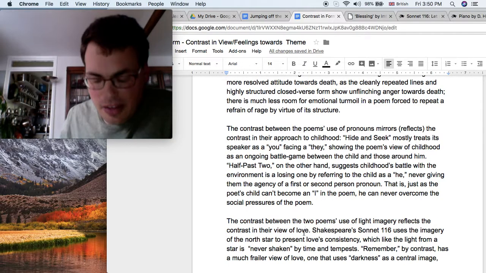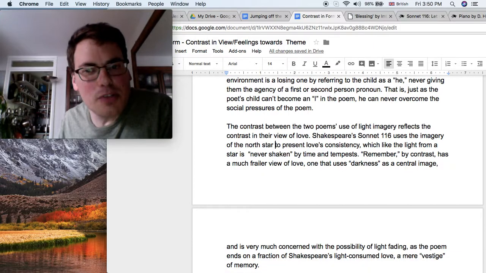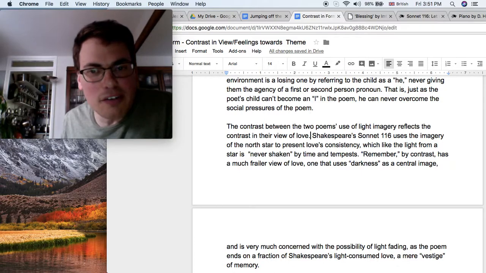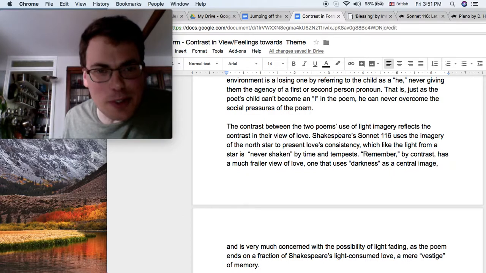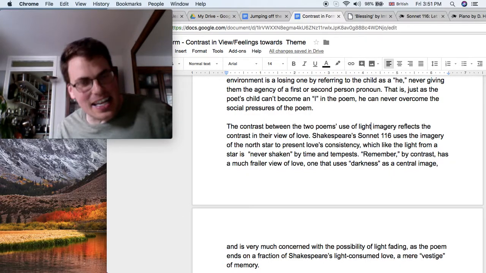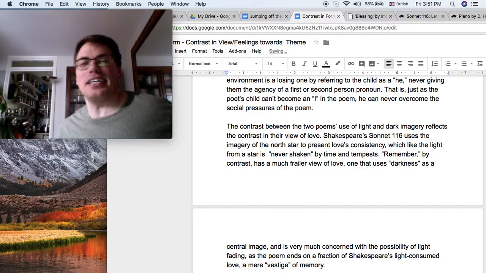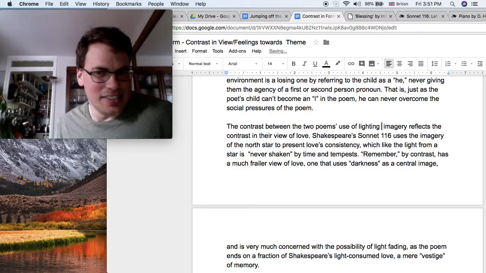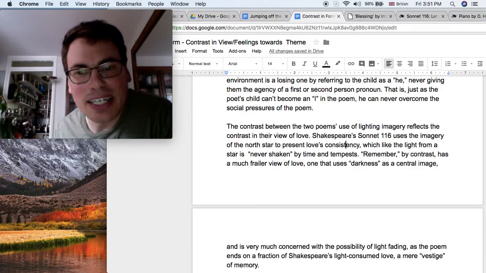Okay. Example 3 of 4. Contrast between the two poems' use of light imagery reflects the contrast in their view of love. Now, when I say use of light imagery, I count darkness as use of light imagery, but if you wanted to say use of light and dark imagery, or lighting imagery, to be yet more accurate, I'm always fine with that.